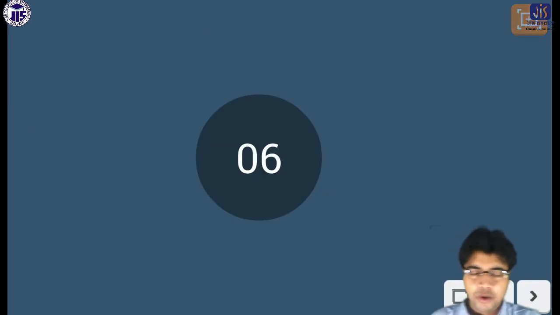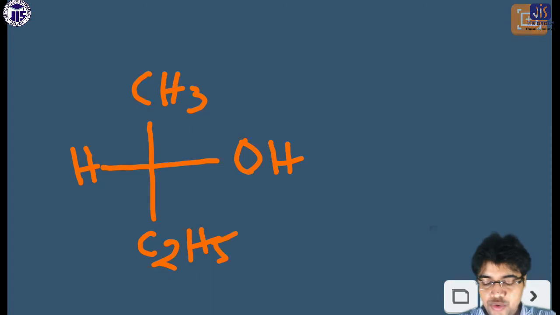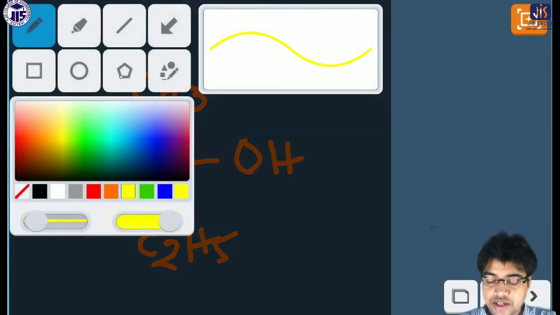I told you in one of my previous classes that if there is a compound, like the compound is CH3, then OH, and here C2H5 for example. Then I told you that there is a permission in the Fischer projection that you can complete a triangle.